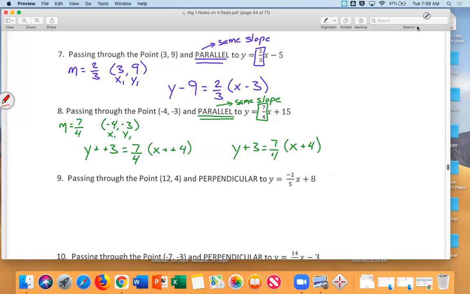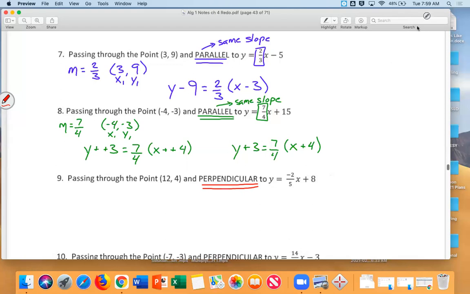Perpendicular. Andrew, what does perpendicular mean? Okay.